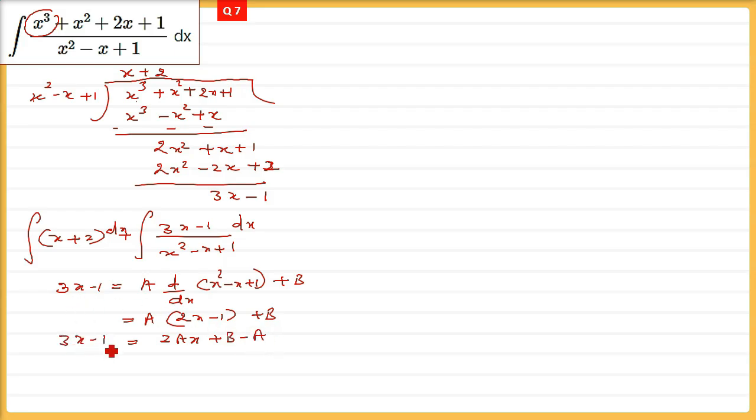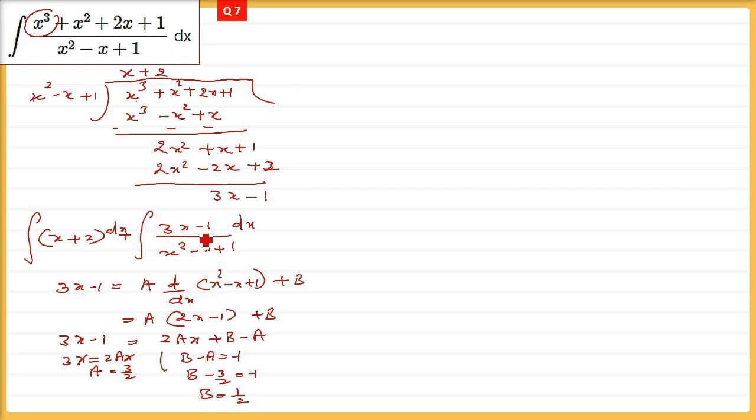So we'll equate these similar terms. That is 3x will be equal to 2ax, and b minus a will be equal to negative 1. What do you get from here? A will be equal to 3 by 2, and b minus 3 by 2 is equal to negative 1. So 3 by 2 minus 1 will be half. So b will be equal to half.